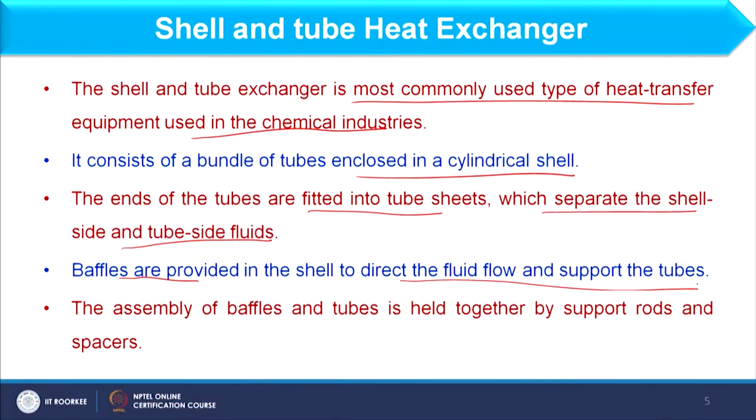So, the assembly of baffles and tubes is held together by support rods and spacers. So, what are support rods? Support rod is basically a rod which is inserted in the tube sheet, and that rod also contains spacers. Spacers are what?